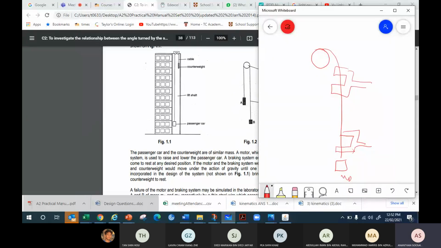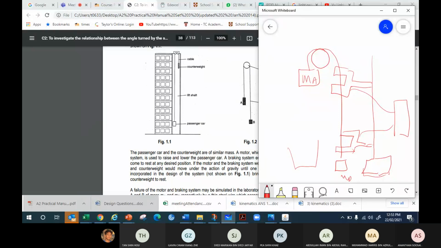The light gate is connected to a retort stand, and the light gate wire is connected to an electronic timer. Then here you have a mass A on top. To be on the safe side, we can put a sandbag, a bucket of sand, as safety.